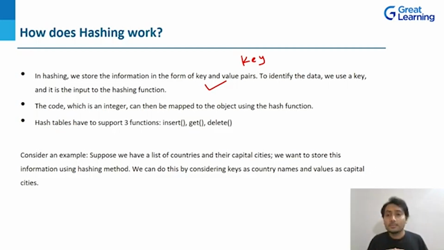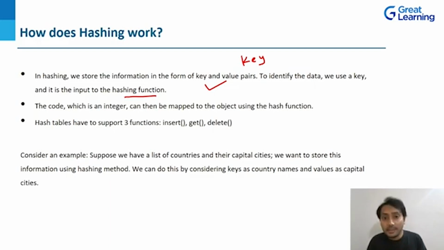Now this key is nothing but the input to our hashing function. We need to apply this hashing function in order to extract the value. Every key has an associated value. This key has to be given as input to the hash function so that we can access the value present at that particular location.